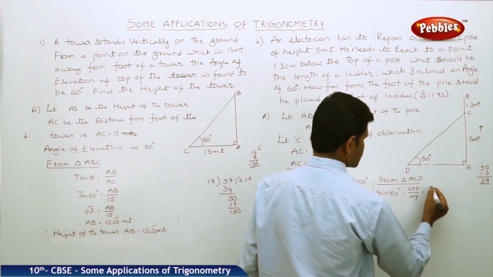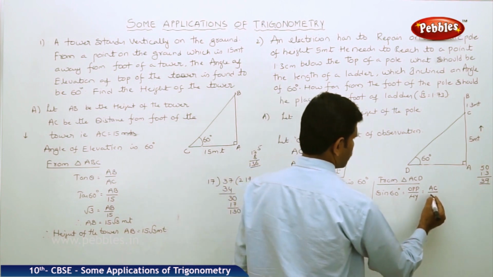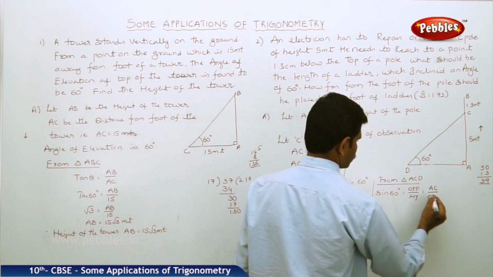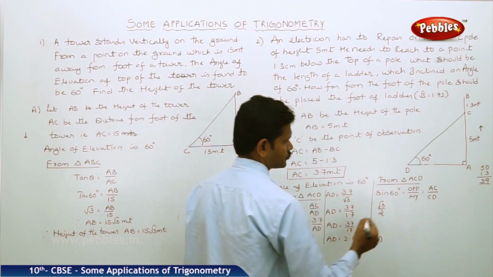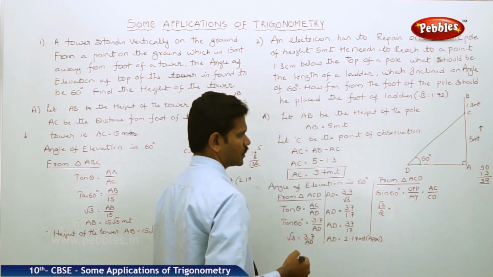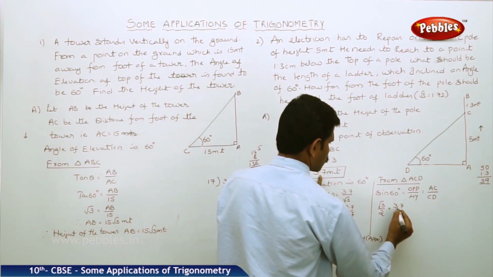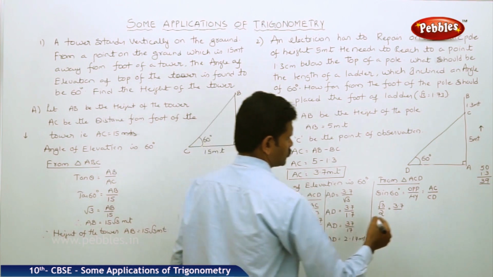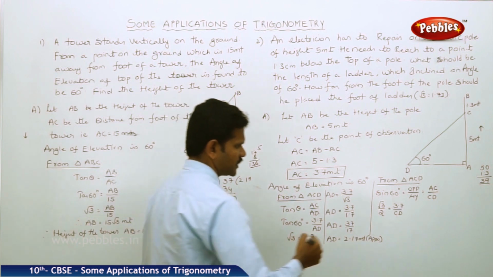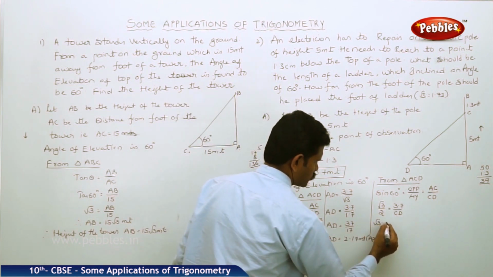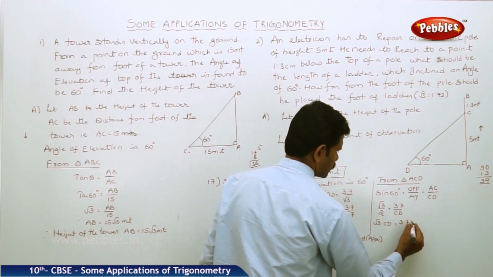Now opposite is AC and hypotenuse is CD. Sine 60 degrees is root 3 by 2, equal to AC value 3.7 by hypotenuse CD, which we have to find. That is root 3 into CD is equal to 3.7 into 2.